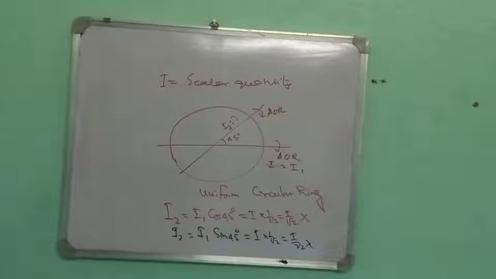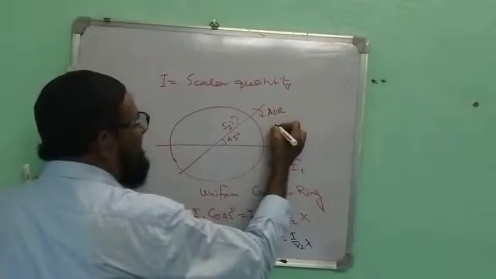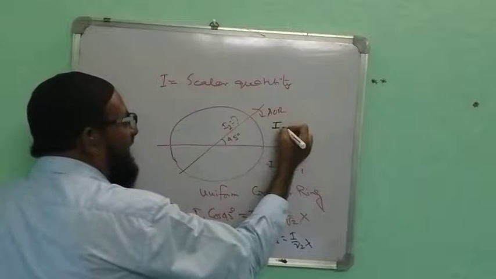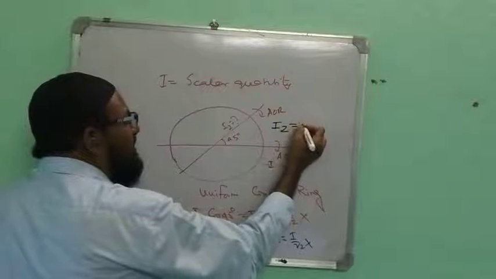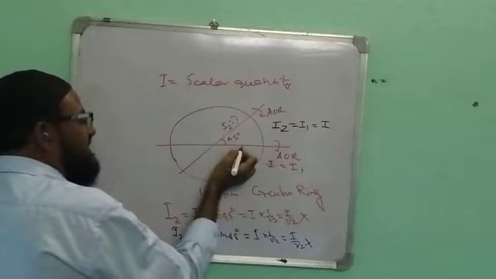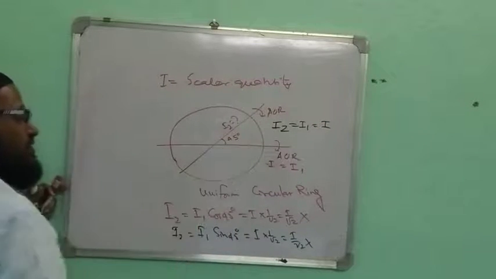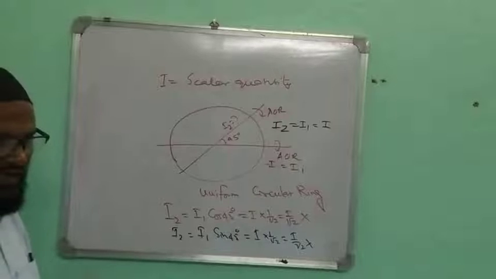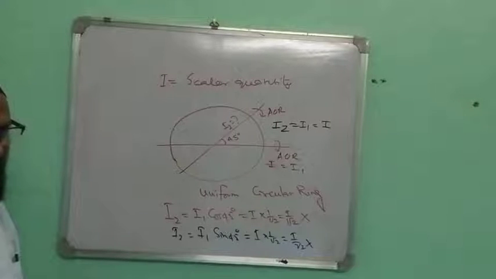What is the answer? The answer is simple: I2 equal to I1 equal to I. This is a diameter, this is also a diameter. All the diameters of a circle are identical.